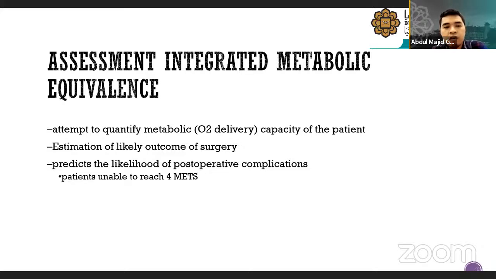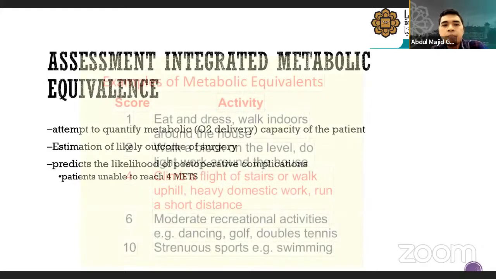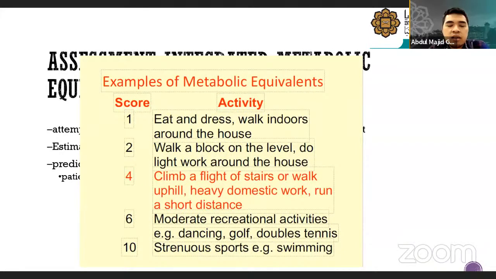If it's more than 4, the patient can sustain the stress of surgery intraoperatively. The examples of metabolic equivalents have scores ranging from 1 to 10. If the score is more than 4, like I mentioned before, the patient can sustain the stress of surgery. A score of 1 means the patient can do housework. A score of 2 means the patient can walk a block on the level.